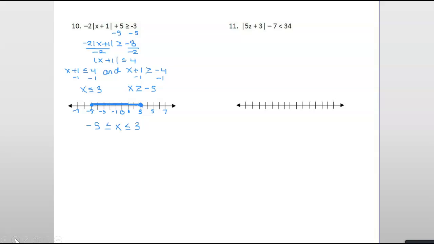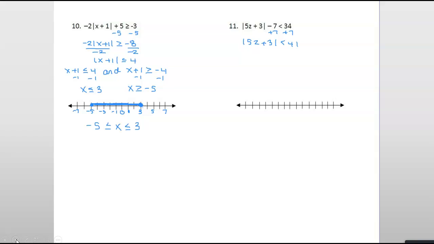In 11, first you have to add 7 to both sides. Then we get 5z plus 3 is less than 41.